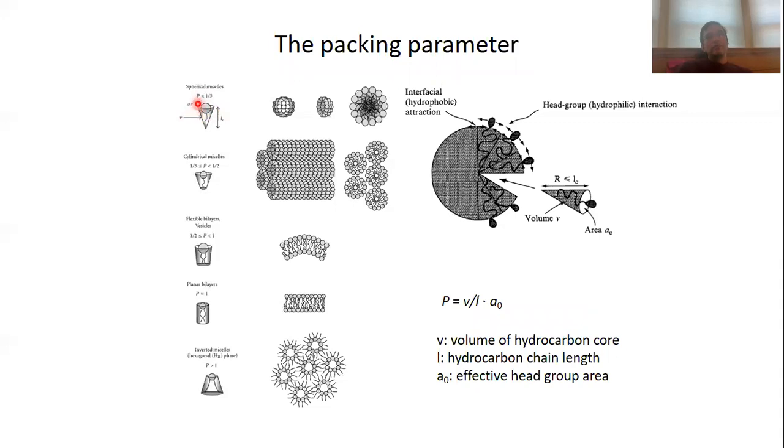When we have a packing parameter of smaller than 1/3, that means that we have a large hydrophilic head group relative to a relatively small hydrophobic tail.